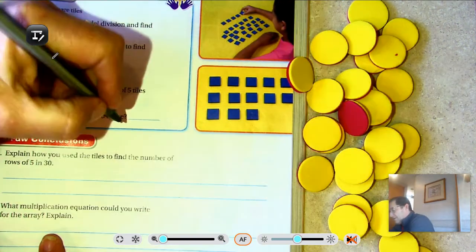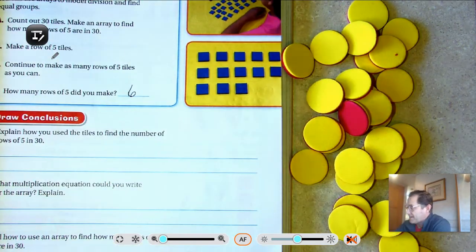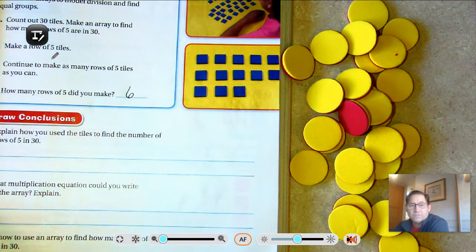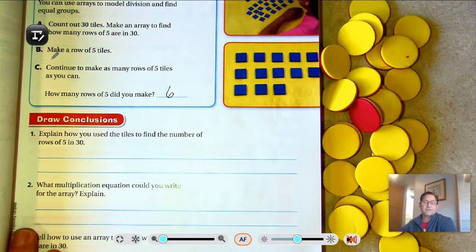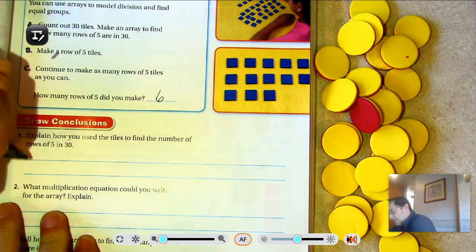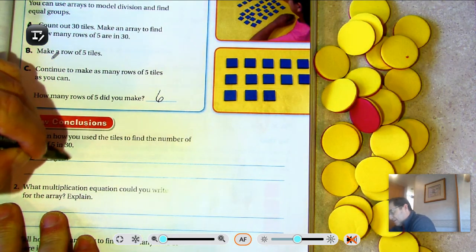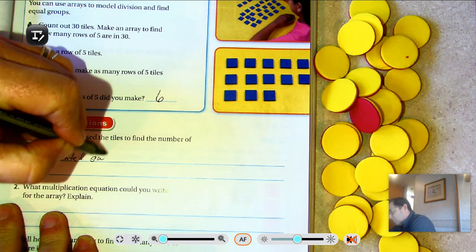So how many rows of 5 did we make? We made 6. Explain how you used the tiles to find the number of rows in 30. Counted out a row of 5.